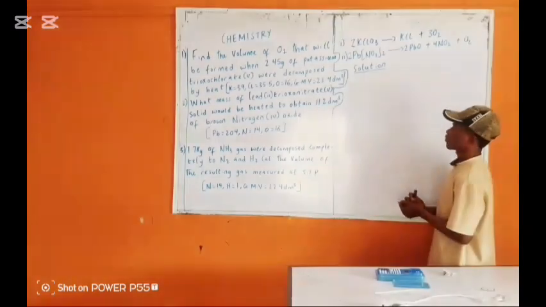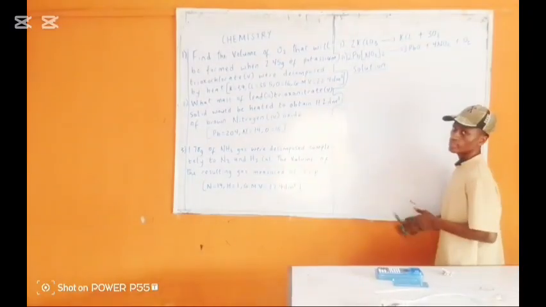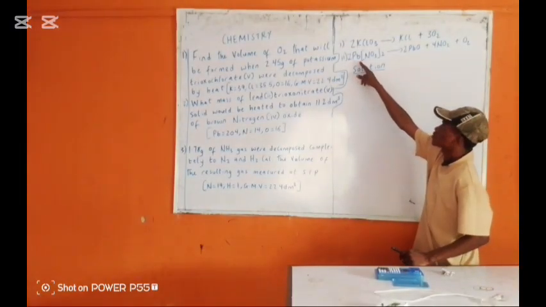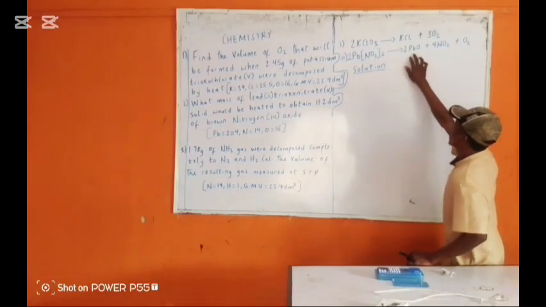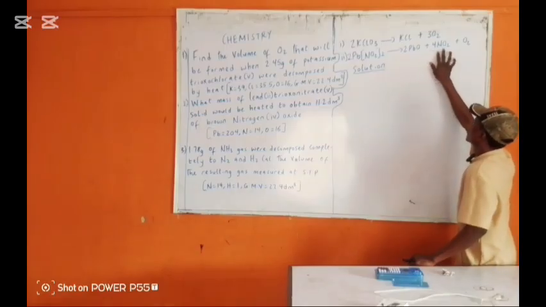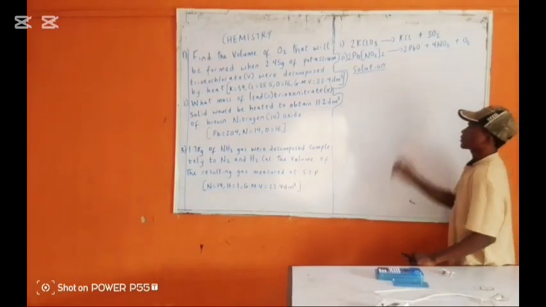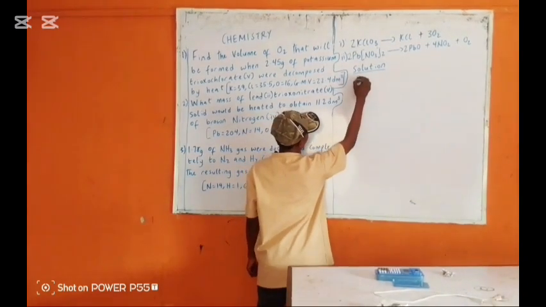So we have the chemical equation for number 2 right here on the board also. We have lead 2 trioxonitrate 5 decomposed to produce lead oxide and nitrogen 4 oxide and oxygen gas.